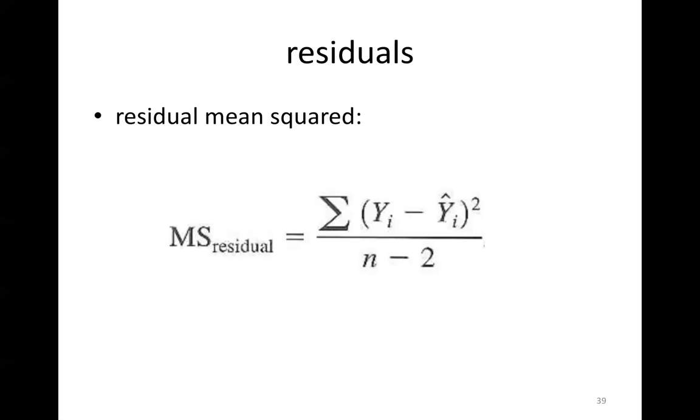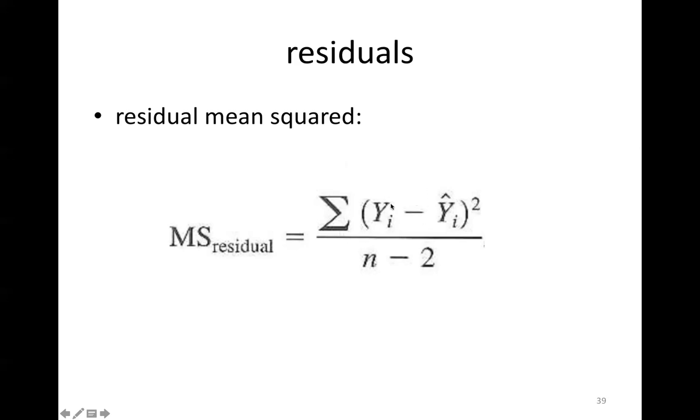And people have figured out that we can use this statistic, the residual mean squares, the residuals squared summed over, which we are trying to minimize, right?